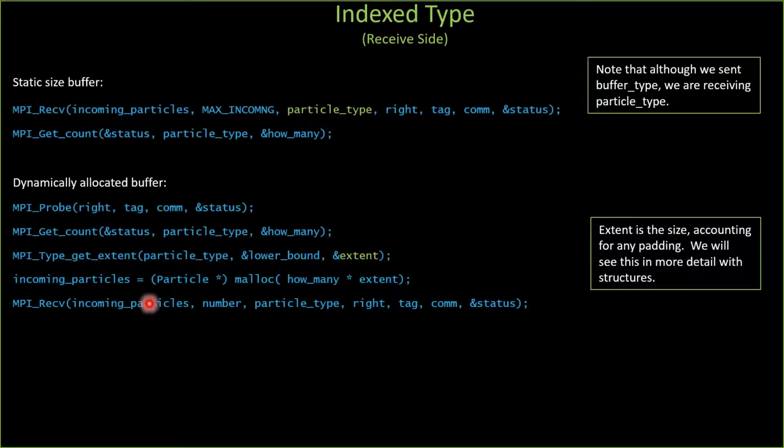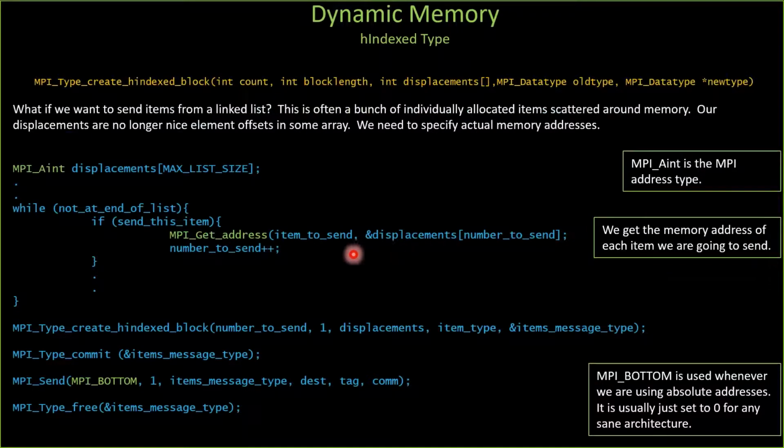And by the way, MPI, again, because it's very practical, deals with padding as well. We'll get into padding a little bit more, maybe on the next slide or so, when we talk about structures. But basically, the math for how much memory something takes up is not always as simple and straightforward as we might hope. We'll come back to that issue in a bit.